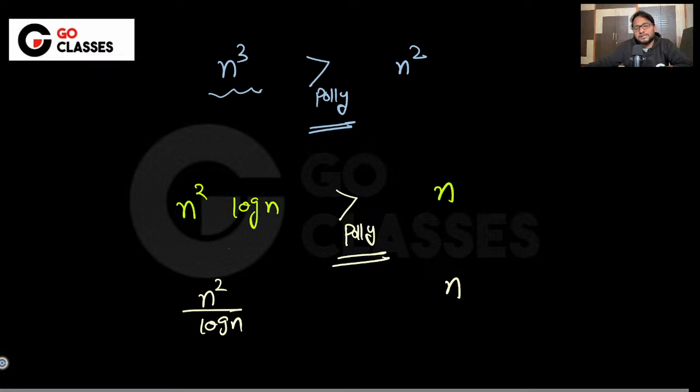Here the answer is again yes. Why? Let me tell you. You will cancel out this n and then this will be n upon log n. This is n square upon log n, and this is just n. Even if you cancel out, this will be n upon log n.